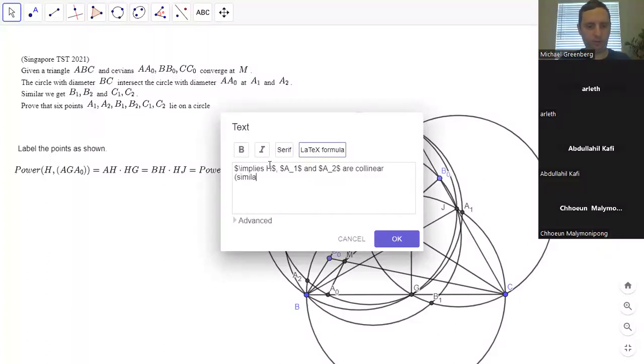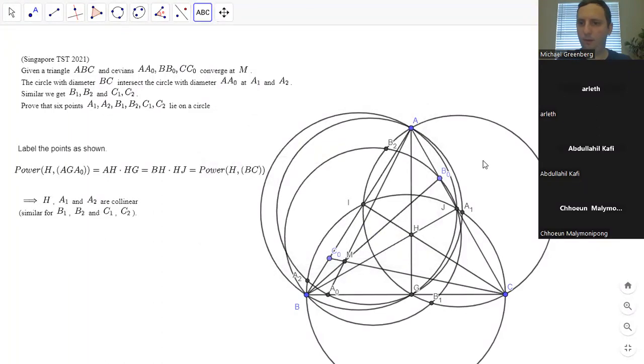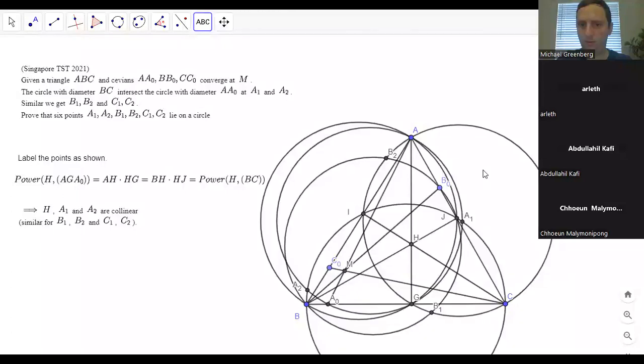And then similar for E1, E2, and C1, C2, and then I'll just copy what you wrote. So yeah, this is an easy problem. I think, yeah, HA times HG.